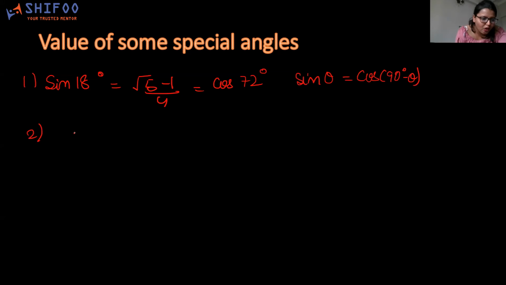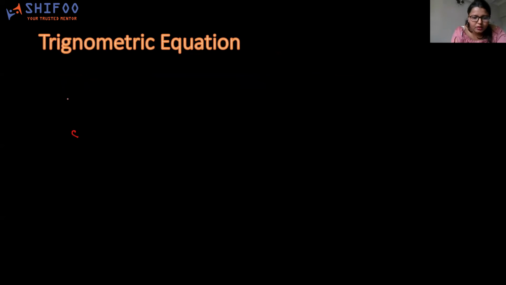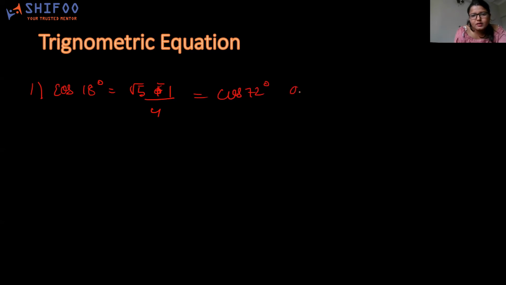Okay, let me start again. I'll mention cos of 18 degree is root of 10 plus 2 root 5 upon 4, which is equal to sine 72 degree, as cos theta is equal to sine 90 minus theta.